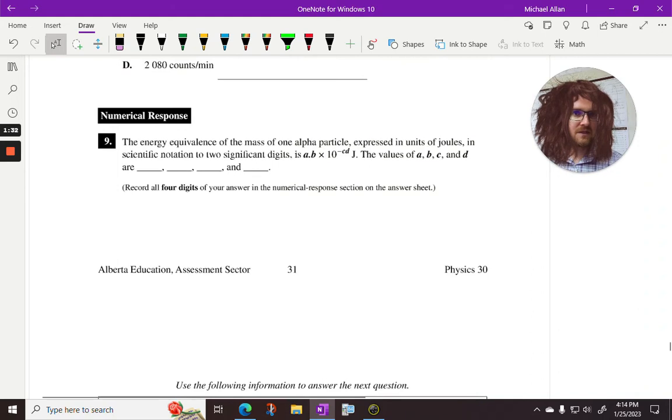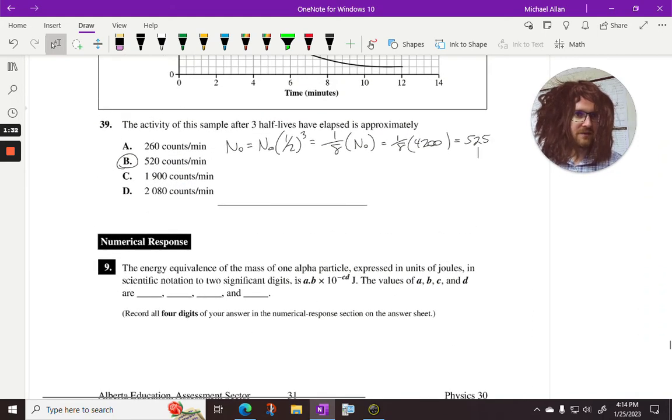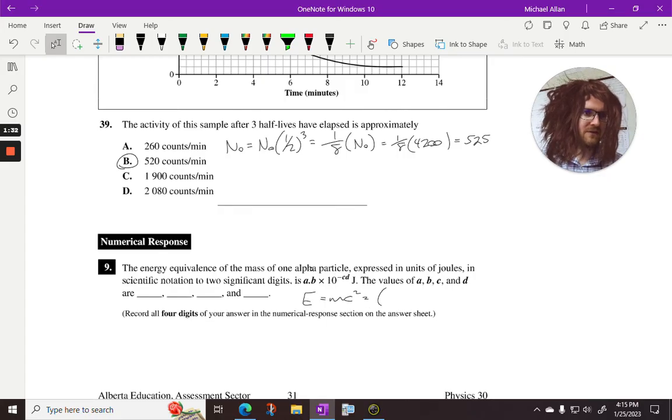So only a few more questions. Yay. The energy equivalence of 1 alpha particle. Well, that's a weird question. That's just E is equal to mc squared. We just have to know the mass of an alpha particle is 6.65 times 10 to the negative 27, and the speed of light, just that number squared. We want to be in joules here, so this will always spit out joules anyway.